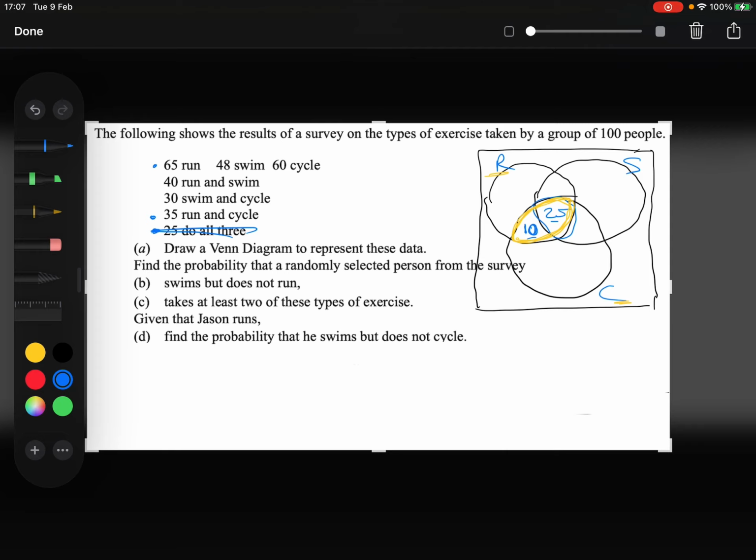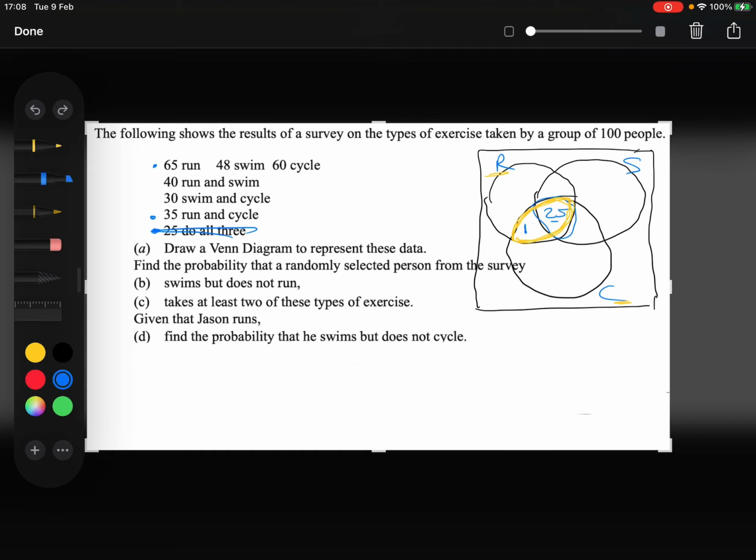So we have now got 35 people in this bit here that run and cycle. 25 of them run, cycle and swim. And 10 of them just run and cycle and don't swim.